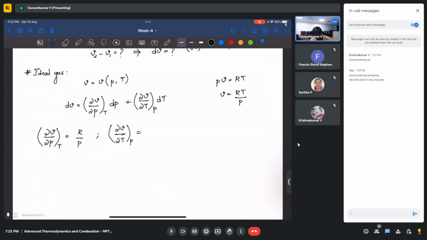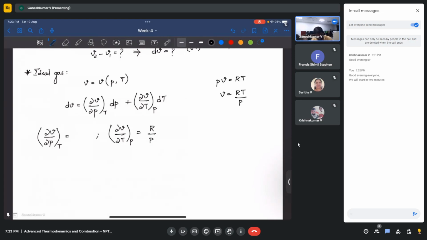Did I repeat it? Sorry, this is R by P, right? Now ∂V/∂P at constant T, how do we write it?